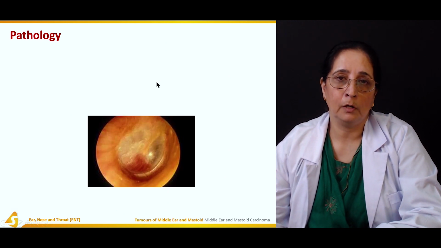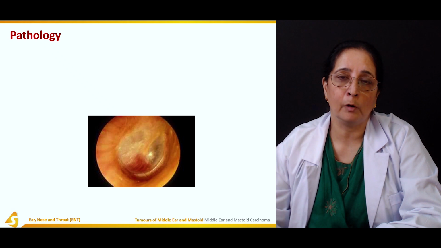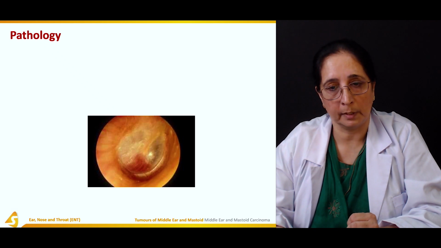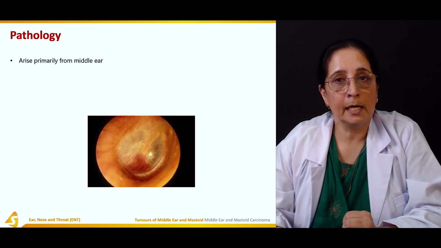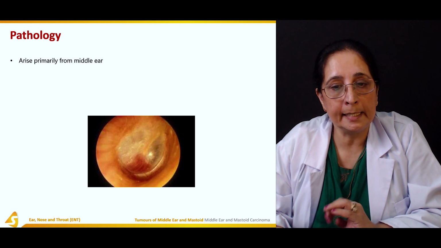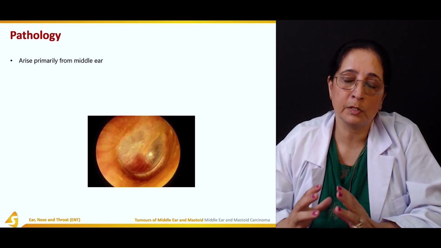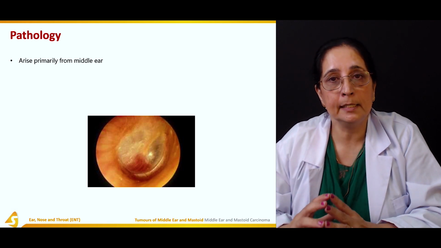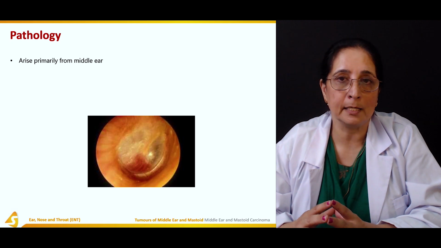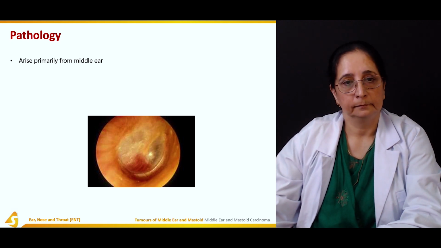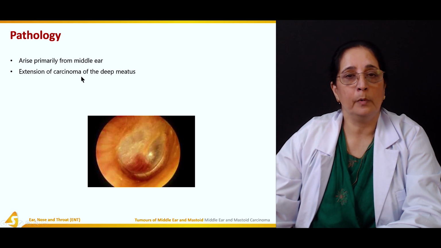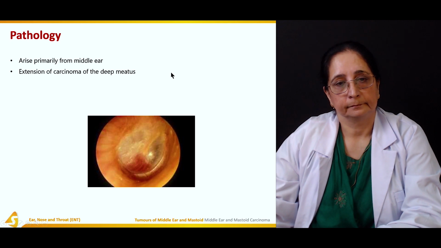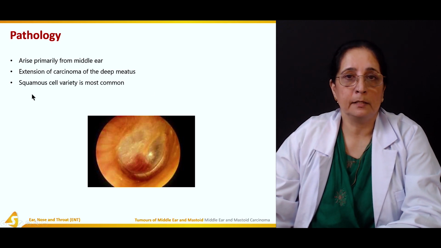Pathology. Pathology is the study of abnormality, and what are the abnormalities in the carcinomas? It arises primarily from the middle ear. It's a primary tumor, so it arises from the middle ear or the mastoid. In this case, carcinomas mainly arise from the middle ear, with extension of carcinoma of the deep meatus. Squamous cell is most common.